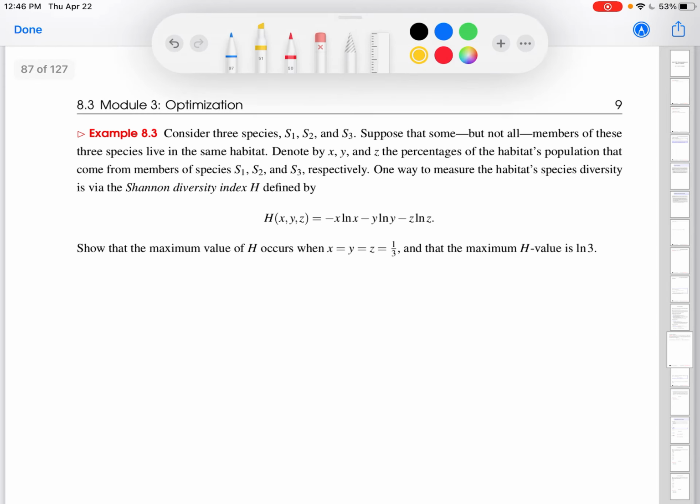So the prompt says, consider 3 species and suppose that some, but not all, members of these 3 species live in the same habitat. You can start drawing a diagram anytime you want. So I'm going to start now because I've gotten enough information. I'm going to draw a circle and pretend that this is the habitat.